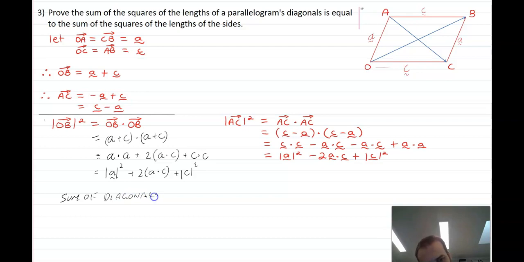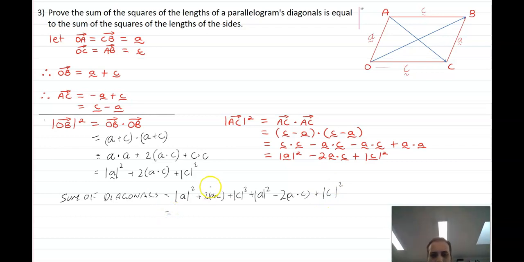Now, what is the sum of the diagonals going to be? Well, it's going to be OB squared plus AC squared, which is going to be the magnitude of A squared plus 2A dot C plus C squared, plus A squared minus 2A dot C plus the magnitude of C squared.